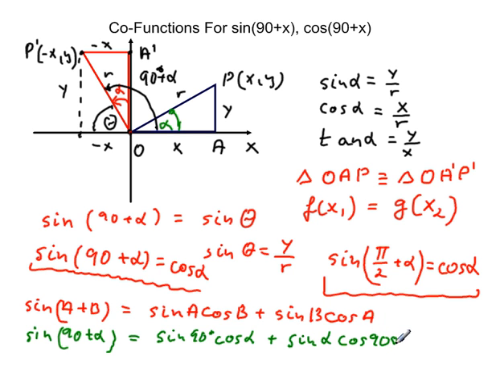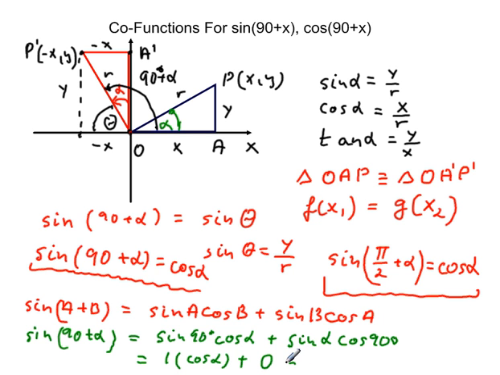Simplifying that, sine 90, if you recall, is the ratio where y is equal to r, so this is just 1 times cosine alpha, plus cosine 90 is 0, so this just adds 0.